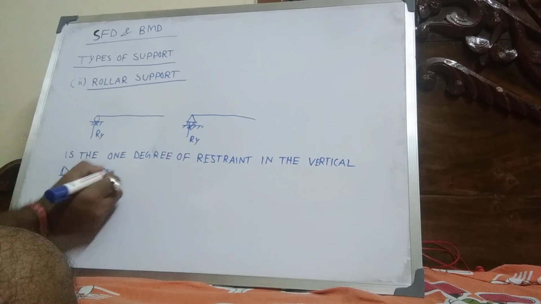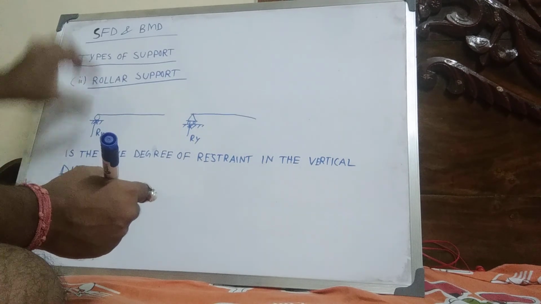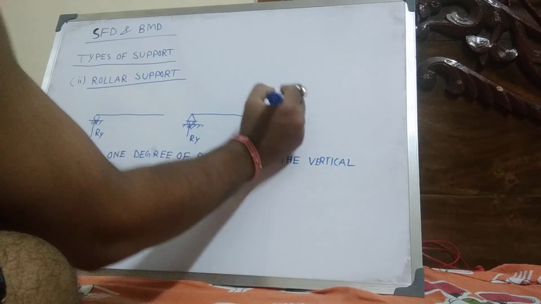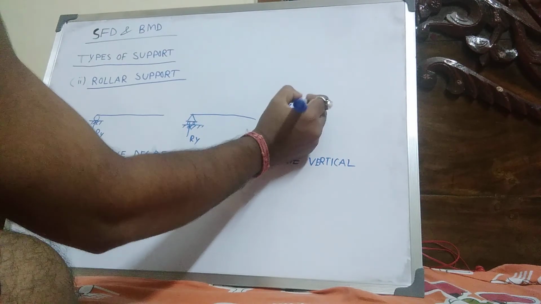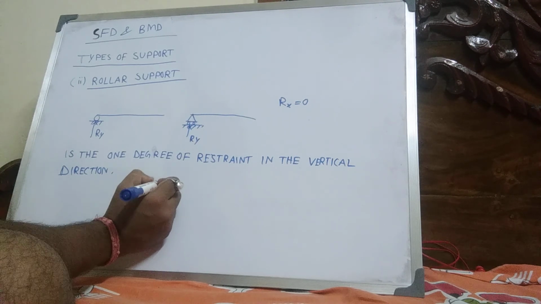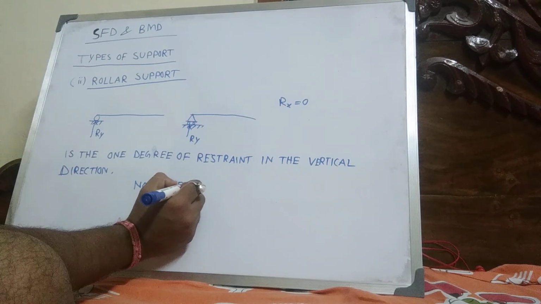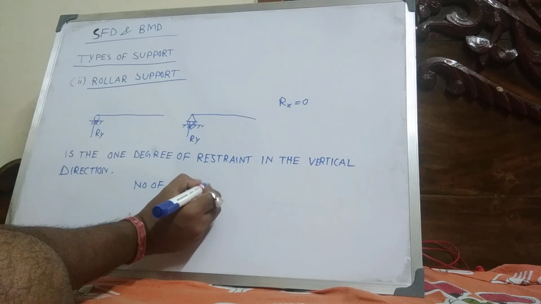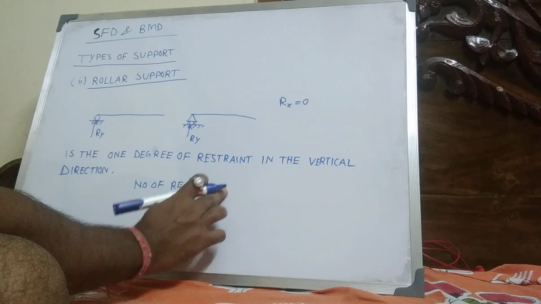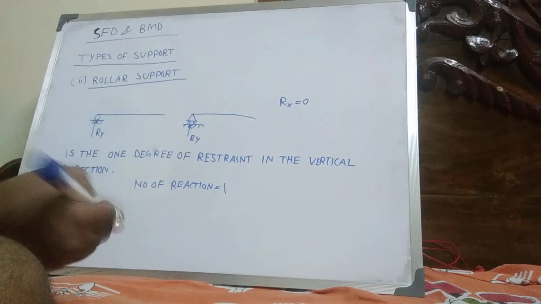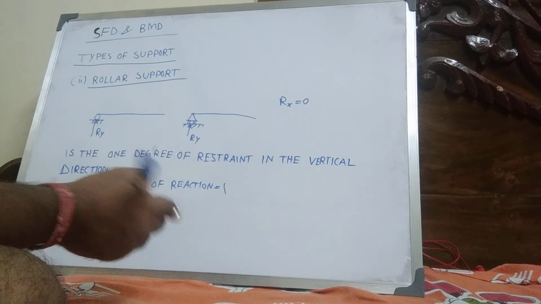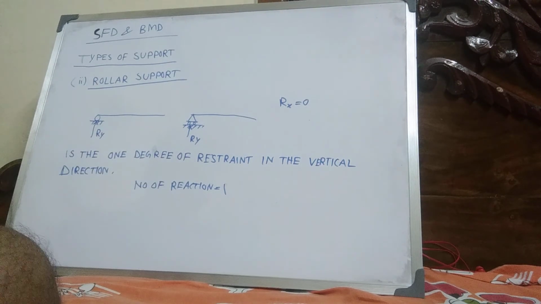The only restriction is vertical. Here Rx is equal to 0, the number of reactions is 1, and the number of motions restricted is equal to 1.